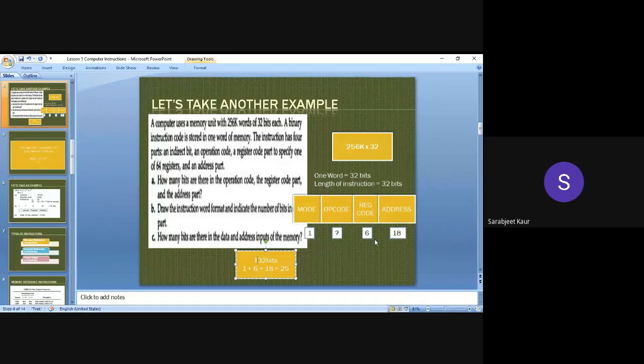So we have a total of 32 bits, and we have already dedicated 25 bits. So how many bits are we left with? 7 bits. The number of bits left for the opcode is 7.